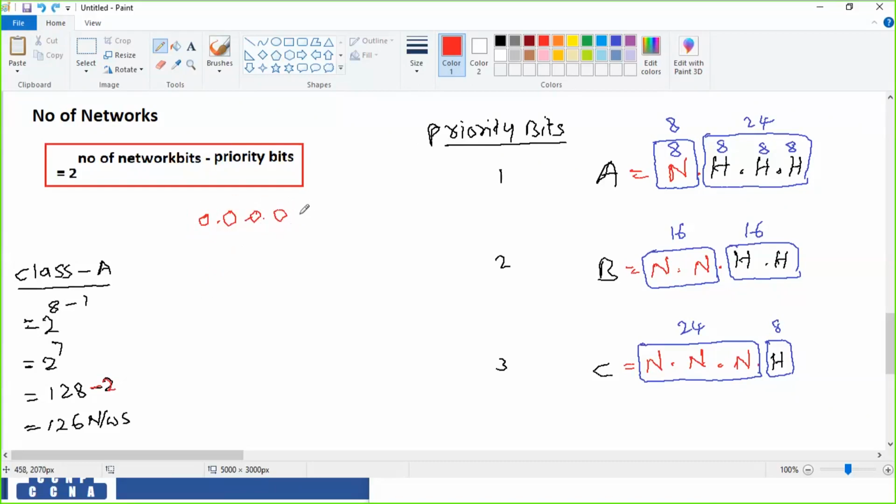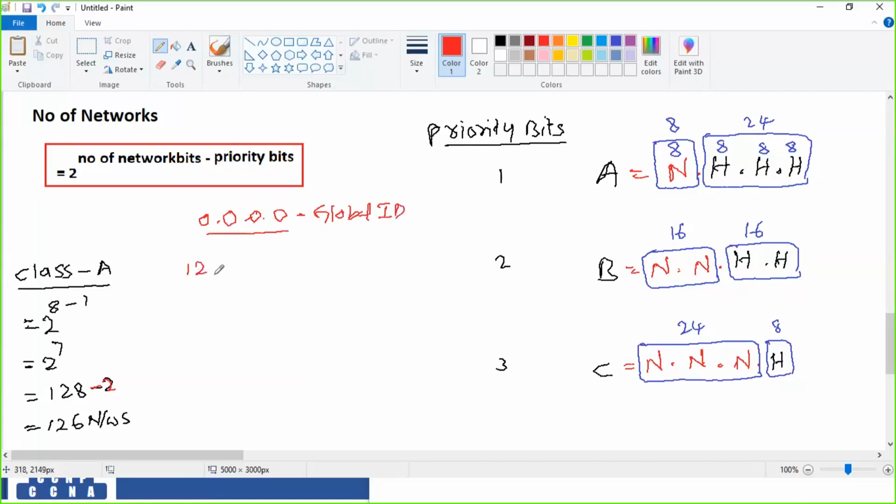We call this global ID. It is global identification, meaning all 4.3 billion IP addresses are identified by an ID called global ID, which is 0.0.0.0. So this is one network minused.